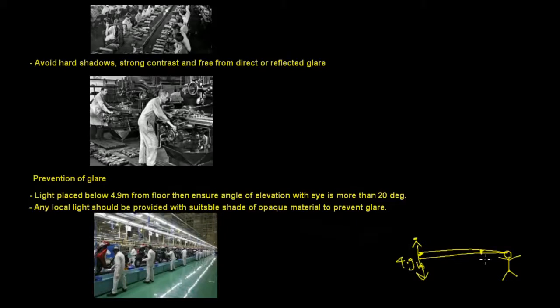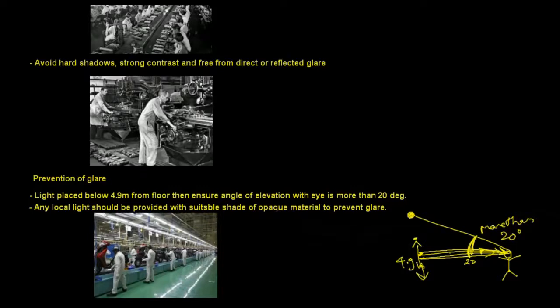If this angle is less than 20 degrees, the light will directly come onto the eye and affect it. So the light should be placed at a height, so that this angle is more than 20 degrees and the glare of the light does not come directly onto the eye. Such a condition should be taken care of.